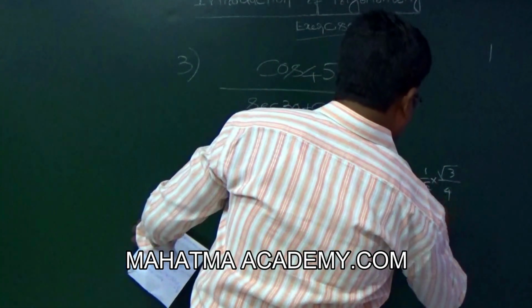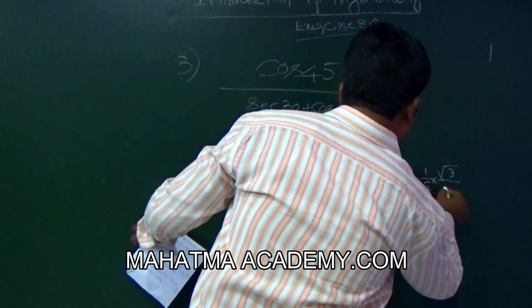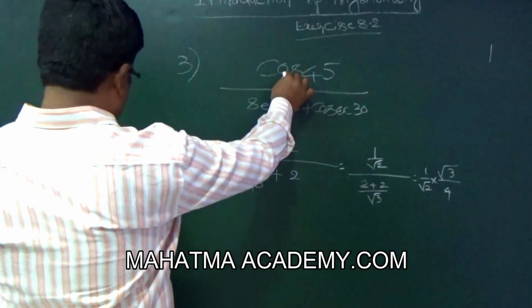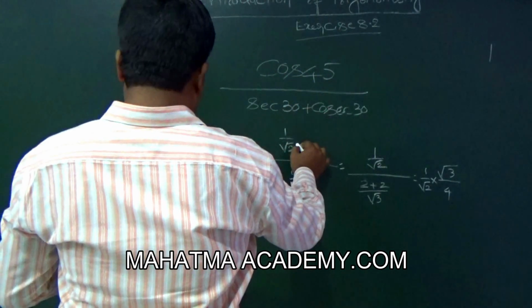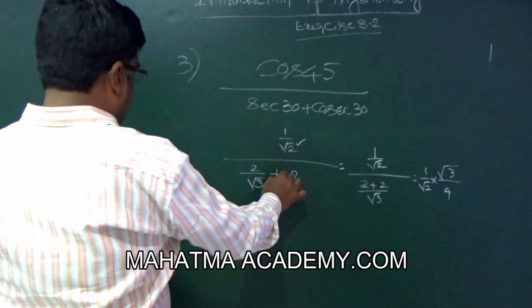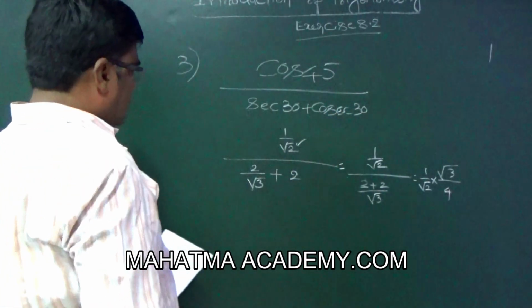Cos 45 equal to 1 by root 2, secant 30 equal to 2 by root 3, cosecant 30 equal to 2.